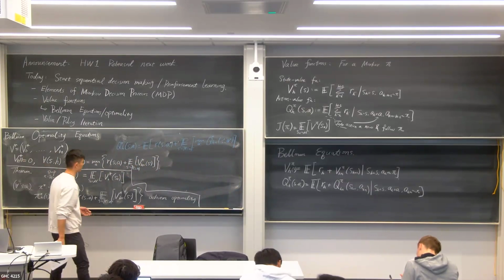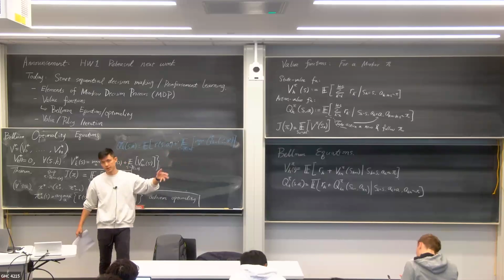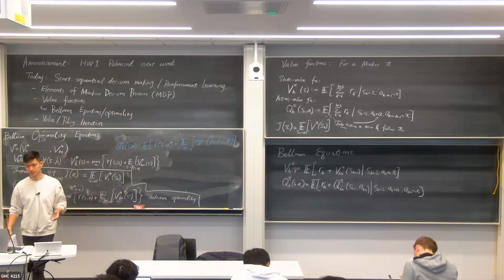It's kind of the same thing, in the sense that this max over A prime just makes sure that whatever state you end up with, you achieve the V star.